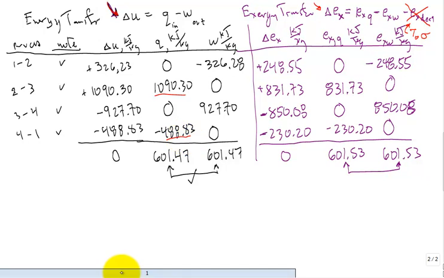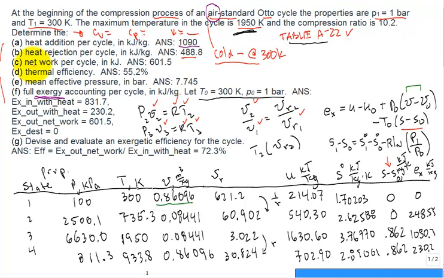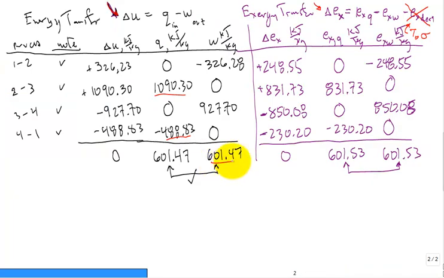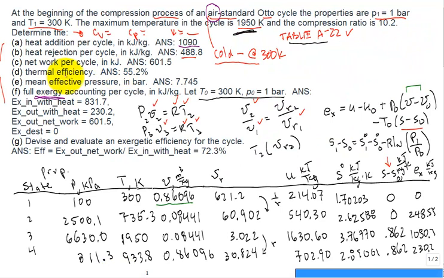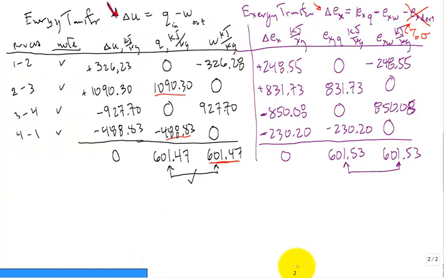Answer to part B. What is the net work per cycle? Isn't that the net work per cycle? 601.47 kilojoules per kilogram. Now, what is the thermal efficiency? Well, you just take the thermal efficiency of the cycle.